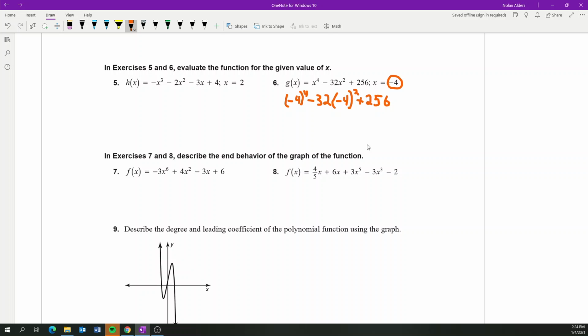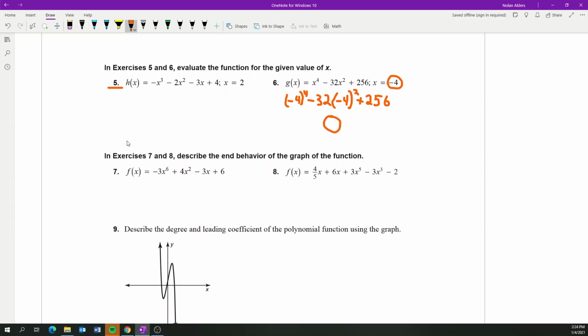Again, remember, always put your substitutions in parentheses. That'll just save you some potential heartache. All right, but if we do that, then we get an answer of 0, actually. This comes out to be 0.